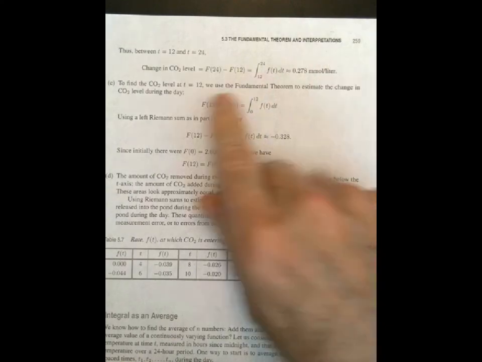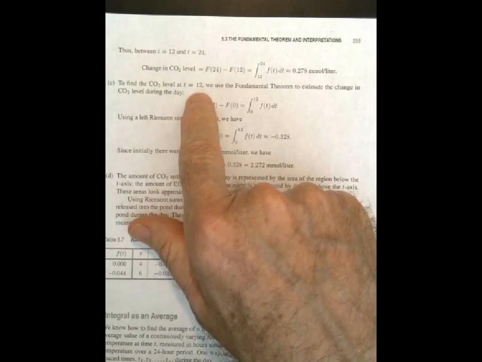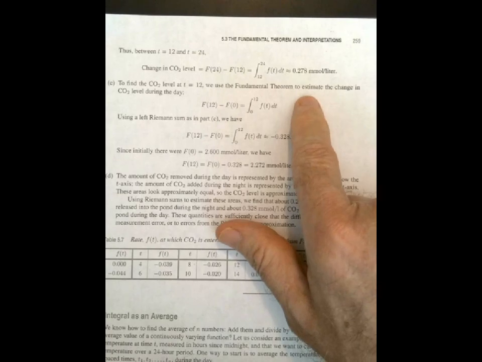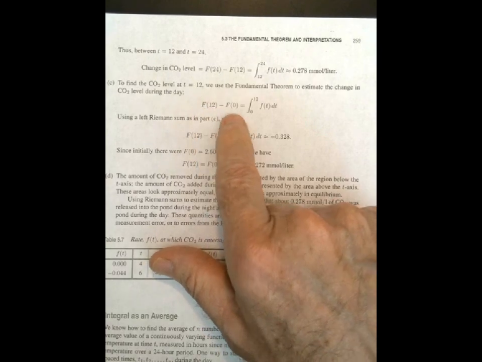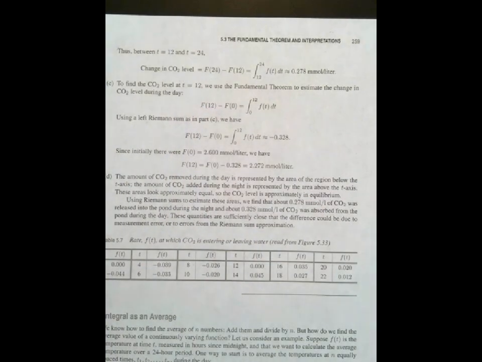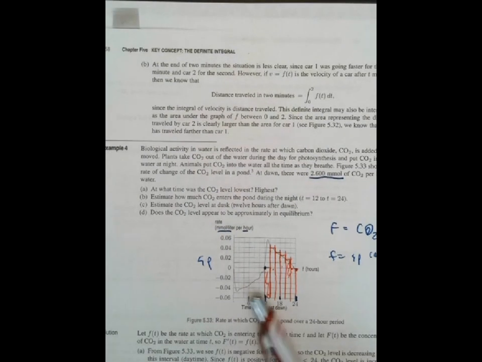All right, to find the CO2 level at t equals 12, part C, we use the fundamental theorem to estimate the rate of change during the day. We do the same thing, f of 12 minus f of 0, right?